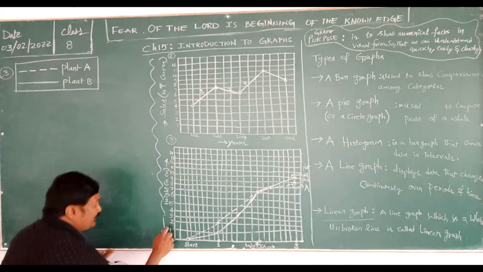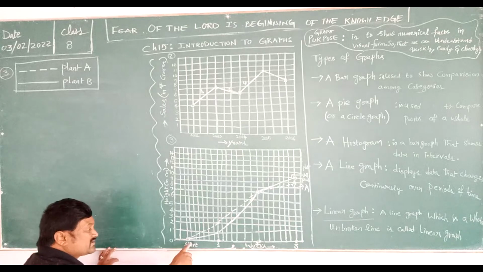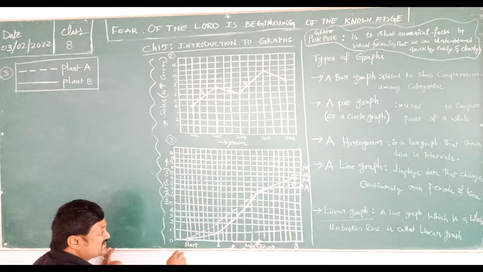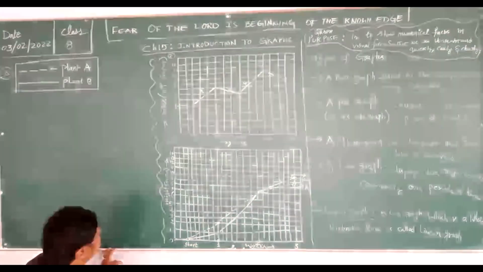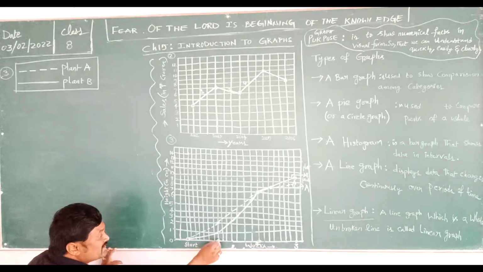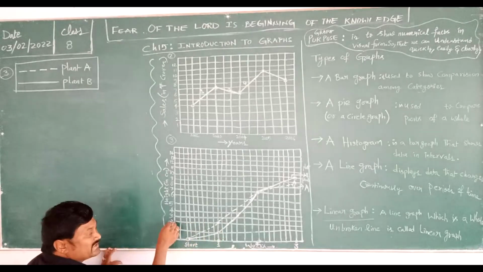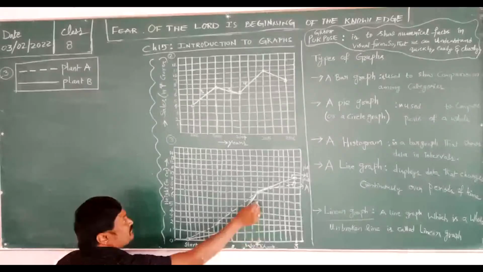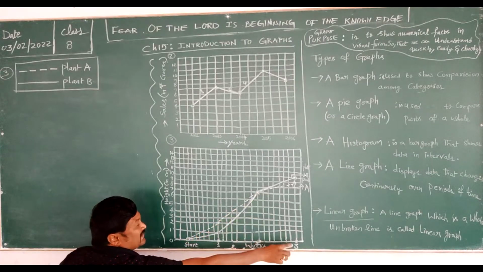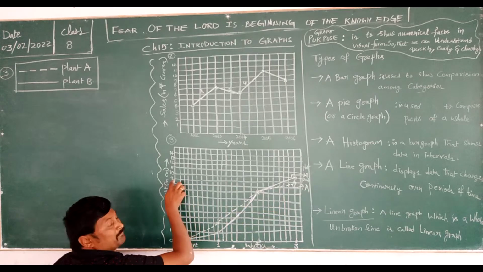Okay, let's see now. Here 0, 1, 2, 3, these are centimeters written, and here is the starting point. First I'll check plant A's growth. Plant A's height in the first week is how much? 2 centimeters. Second week it is 7 centimeters, and third week you found 9 centimeters.